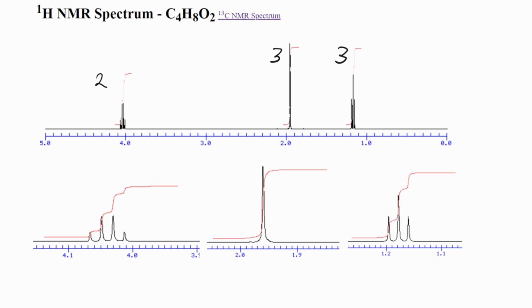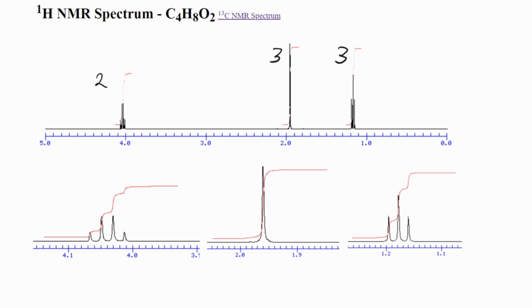So now we need to start to think about what types of environments these protons are in. The peak at 4 is indicative of an NH or an OH or a proton that is bound to a carbon that is attached to electron withdrawing groups. We know that there is no nitrogen, so we can ignore NH. It's also not going to be an OH because of the coupling we see.